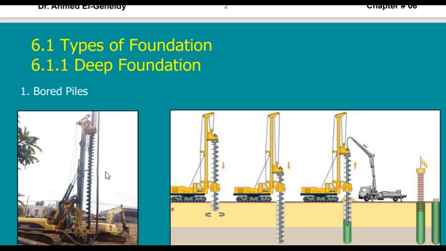This is a machine. Just to know the size of this machine, look at this small thing. It's an engineer next to the machine. So this is at least, say, 20 meters in height. This machine drills into the soil, and for bored piles we have really many subtypes.